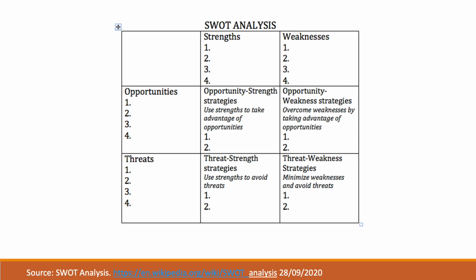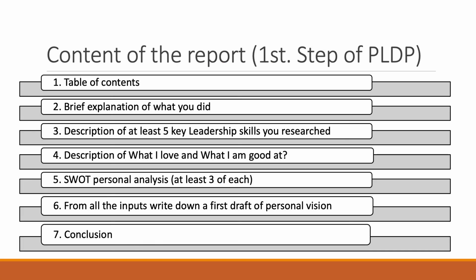So what is going to be the content of your report? Your first step personal leadership development plan, which is an individual report. This is going to have a table of contents. It's a formal report.